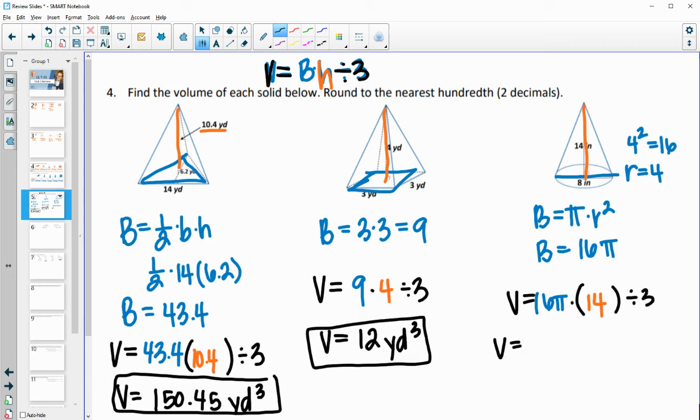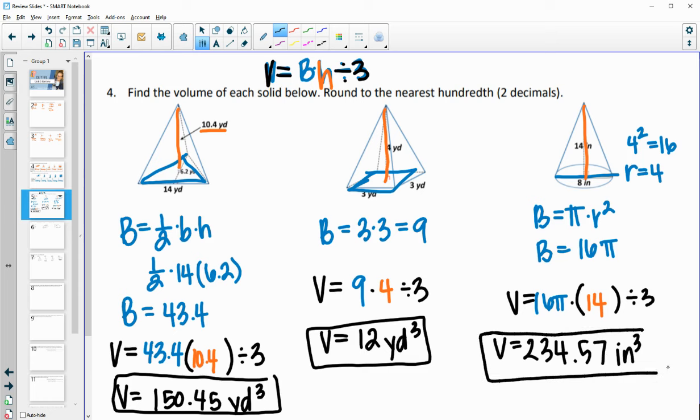So we'll do 16 times pi, and I'm just going to use the pi button on my calculator, and then times 14, divided by 3, and we get 234.572. So we'll leave it as 234.57, and then that will be inches cubed for volume there.